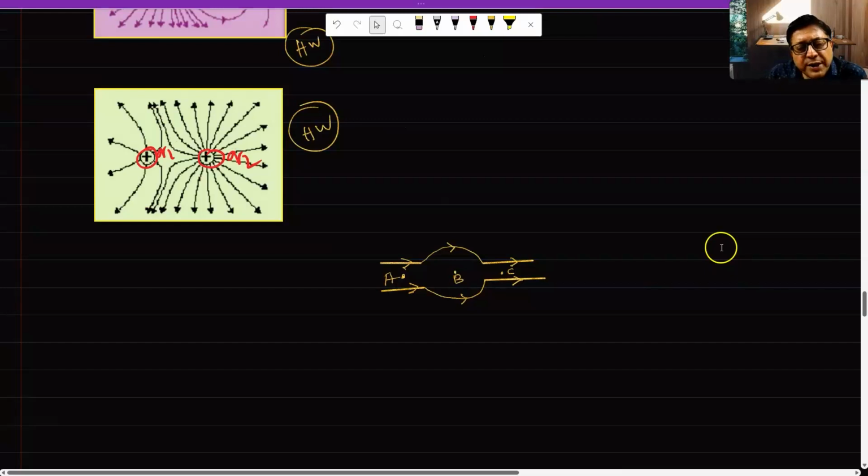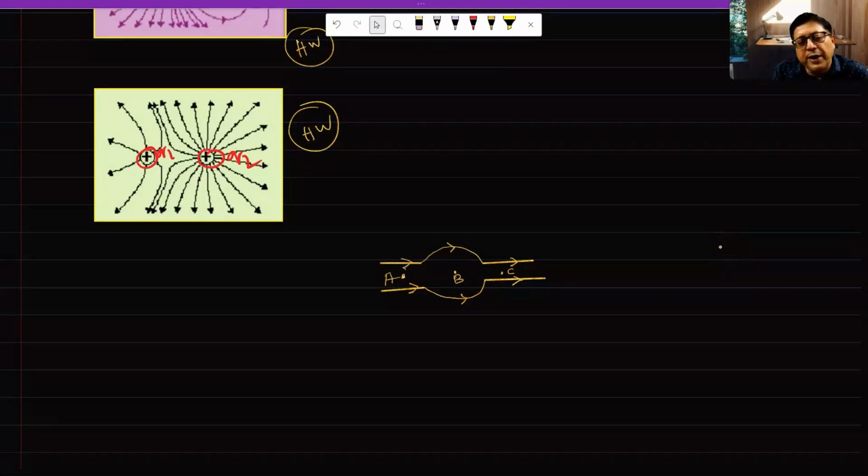Now, suppose there is a hypothetical situation like this where 3 points A, B, C are taken in a region of space where lines of force are like this. Maybe there is a metal conductor, lines of force are drawn in this manner. You have to compare the field strength among these 3 points, EA, EB and EC. This is very simple because the closeness of lines of force will tell you the stronger field.